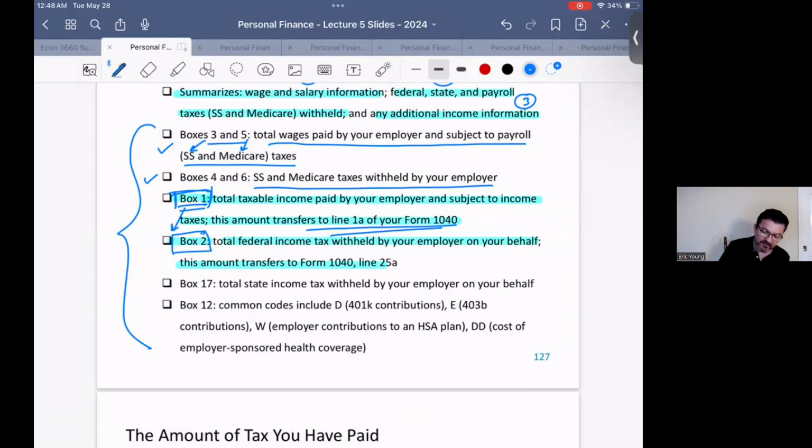Now, if you live in a state that has state income taxes, box 17 shows how much total state income tax was withheld by your employer, and that'll transfer to your state return. The final box is box 12.